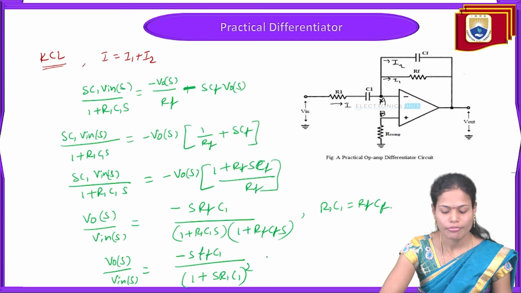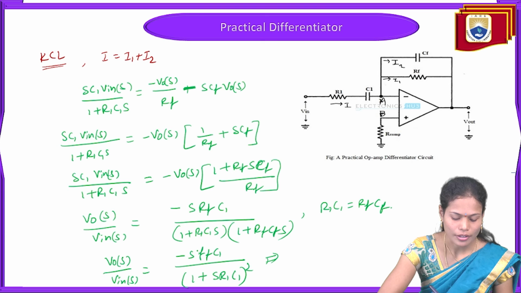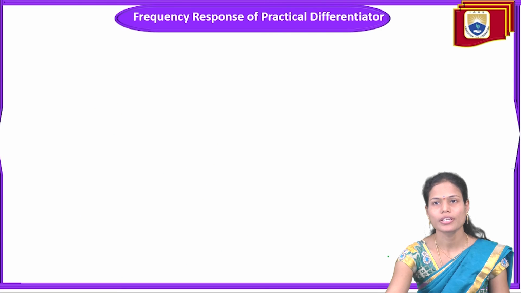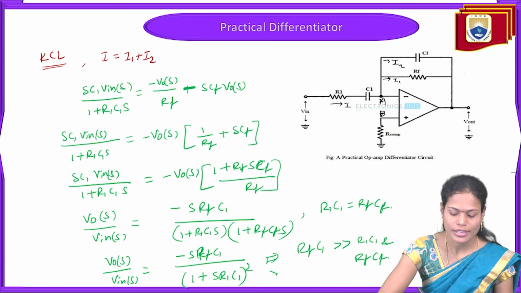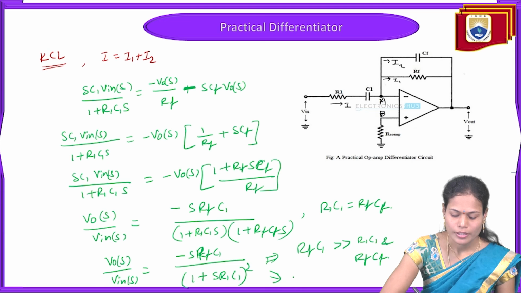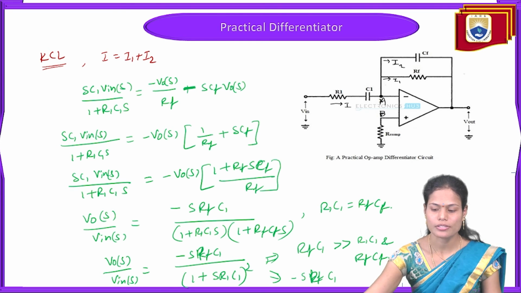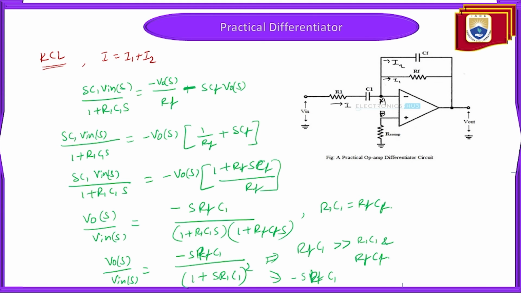And also, if I make the RF C1 value far greater than R1 C1 as well as RF CF, in that case we are able to reduce this expression. The gain equation will become minus S into RF C1 here.